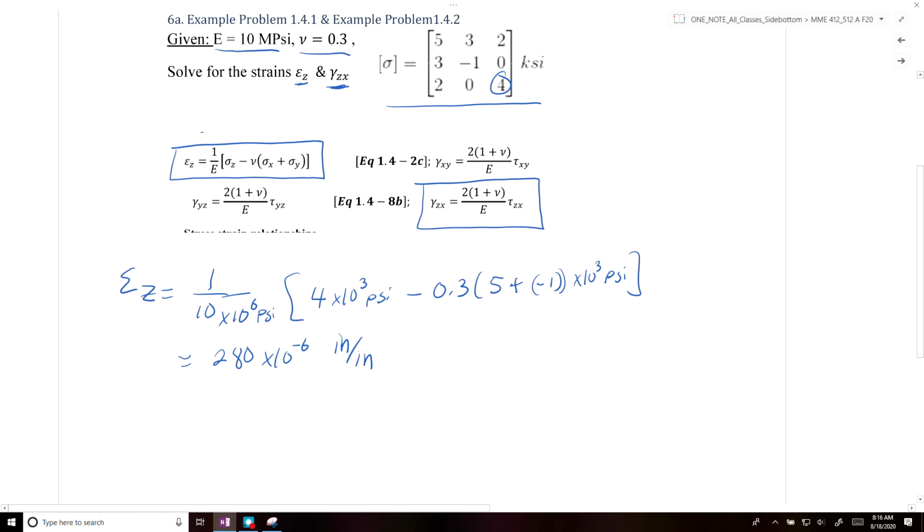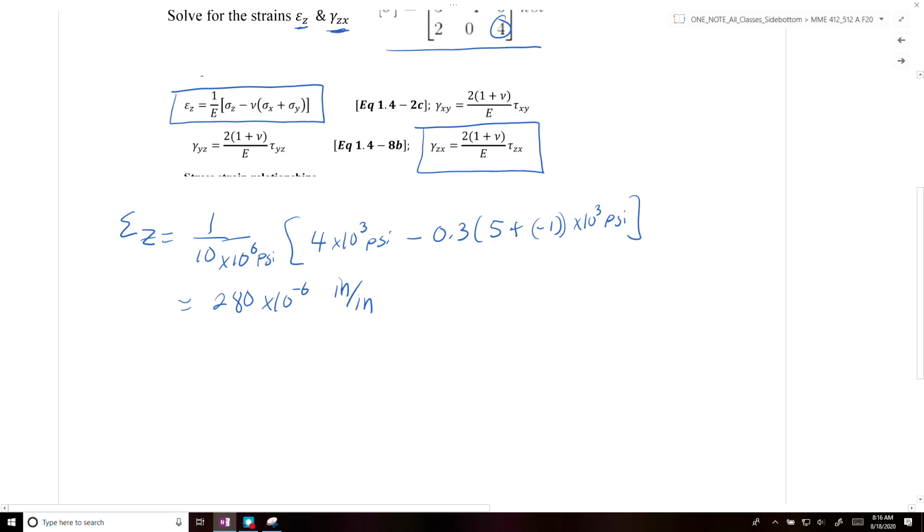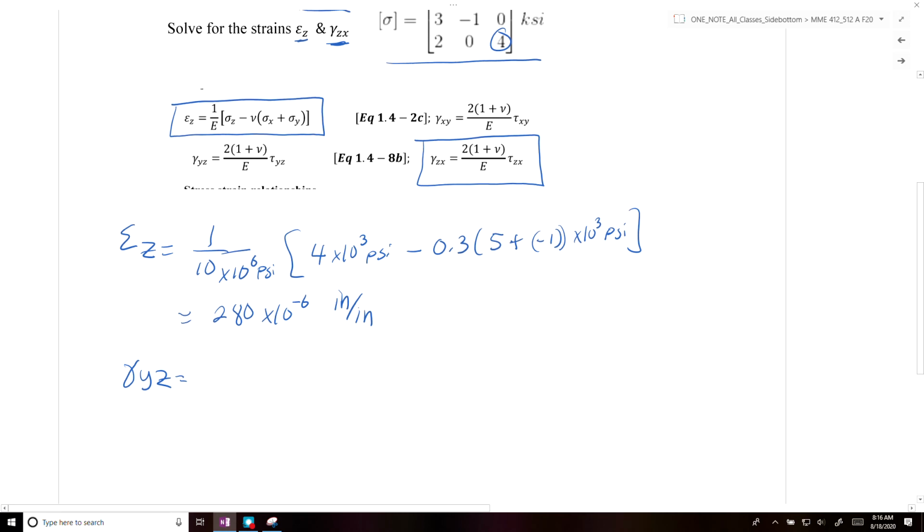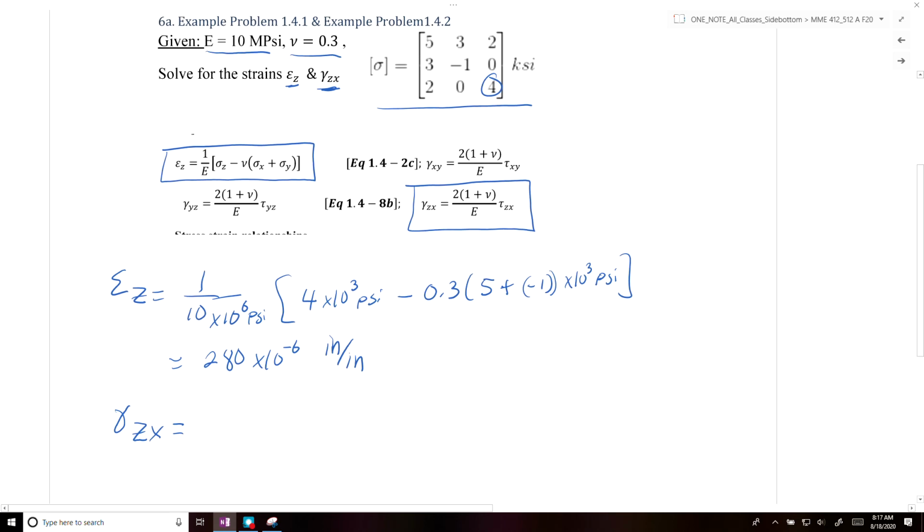And then for gamma zx, we use this equation, so we'll get 2 times 1 plus 0.3 divided by 10 times 10 to the sixth psi, and then we're going to multiply that by tau zx.